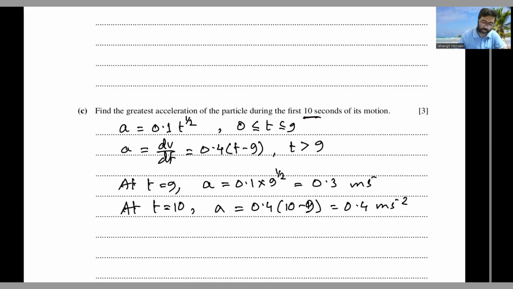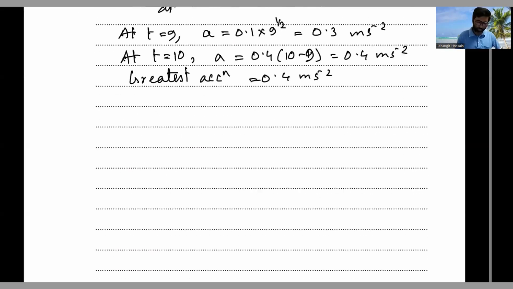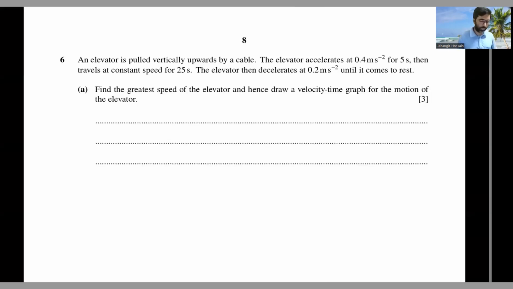So during the first 10 seconds, the greatest acceleration is at t equal to 10, and that is 0.4 meter per second square. Okay, that's part C. There is no further part, so let's move on to the next question, number 6.